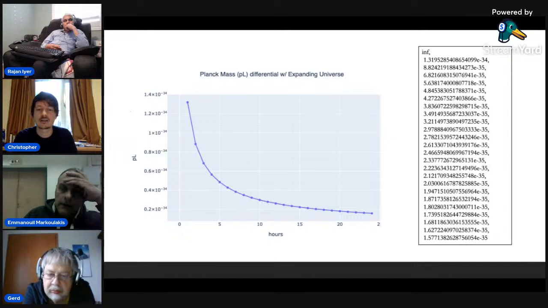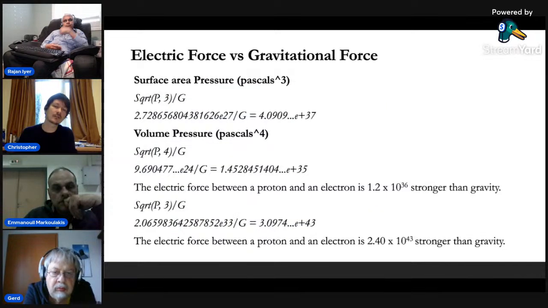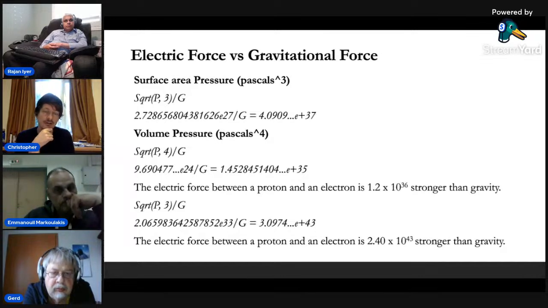In a large part, this is all academic, because, as I said, Newton's gravitational constant is constant in this model, so it must be the universal gravitational force on the hypersphere that is changing. So we can look at the relationship between the strength of the electric force versus the gravitational force using surface area pressure.